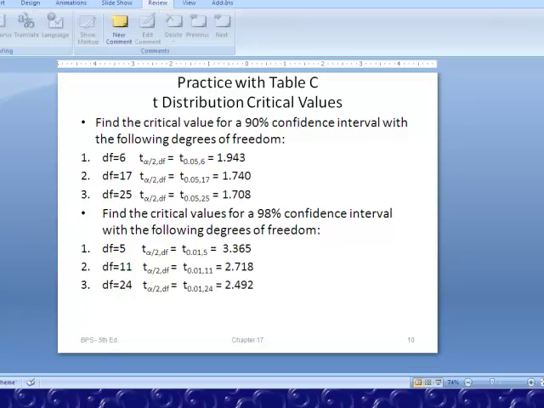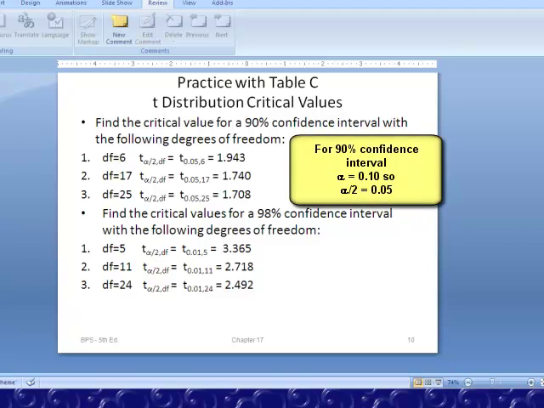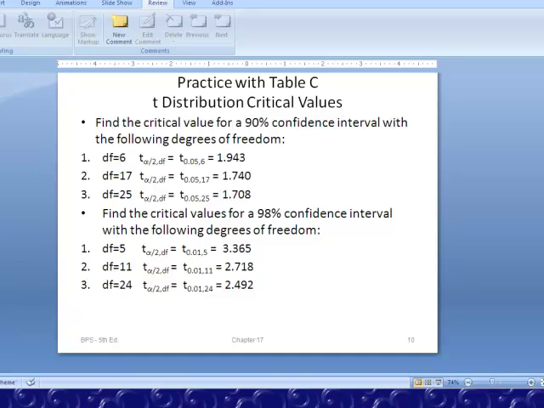Now these should have been the values that you got when you looked up on your chart. And what you see here is I wrote it up properly. I said t alpha over 2, degrees of freedom for the first one. Remember, for a 90% confidence interval, alpha is 1 minus that confidence level. So alpha is 0.1. So alpha over 2, 0.1 divided by 2, gives you that 0.05.